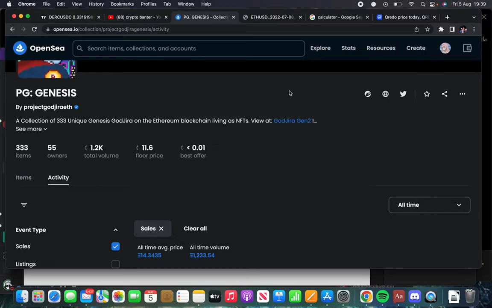They were allocated, I think, three Gen 2s per Genesis. I think it was either one free mint and two paid, or two free airdrops and one paid NFT, right? And again, airdrops are a big gamble, and so are Gen 2s in a way.